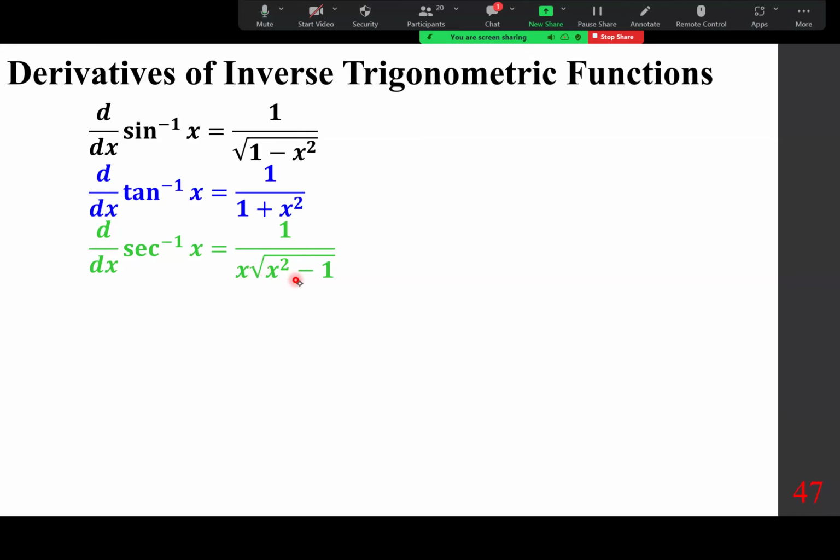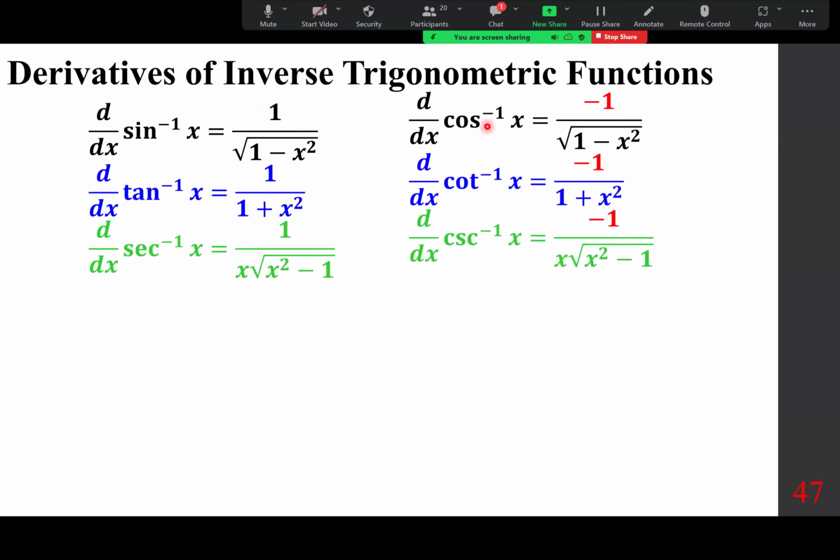The rest of them are basically the same with a negative sign in front of it. So the derivative of cosine inverse is the same as sine inverse, but 1 becomes negative 1. The derivative of cotangent inverse is the same as tan inverse, 1 becomes negative 1. The derivative of cosecant inverse is the same as secant inverse, 1 becomes negative 1.